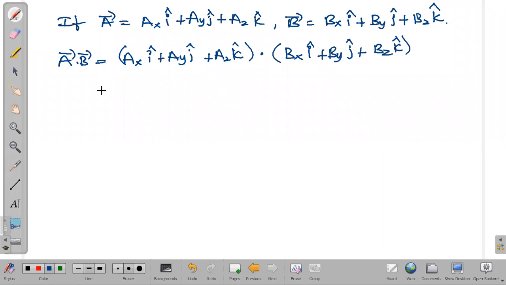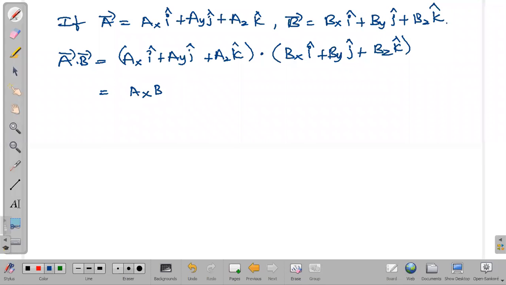Now what will we do? i cap and i cap, if we multiply, will become 1, and i cap and j cap, if you multiply, will become 0. Same vectors means it will become 1, other vectors means it will become 0. So other unit vectors, if we multiply, will become 0 only.